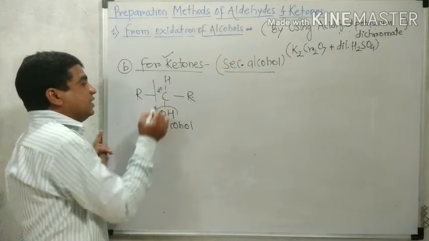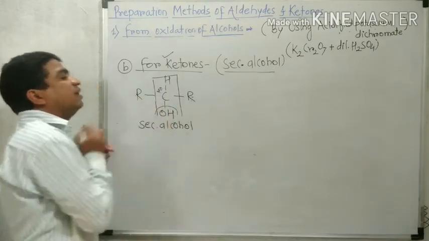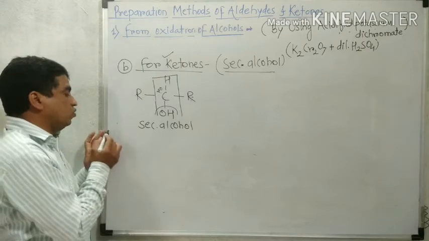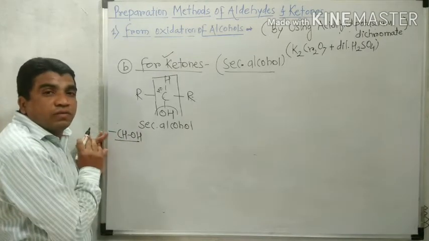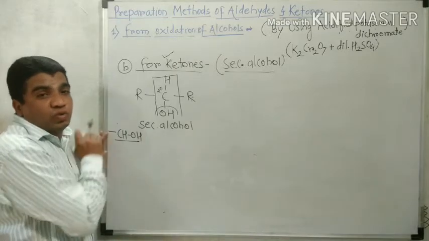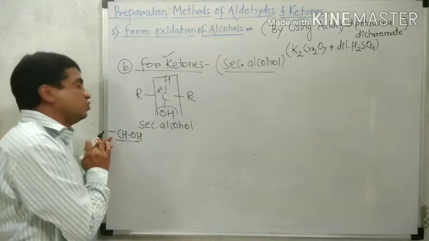So a secondary alcohol always contains the CHOH group. We know that primary contains CH2OH, but secondary contains the CHOH group.